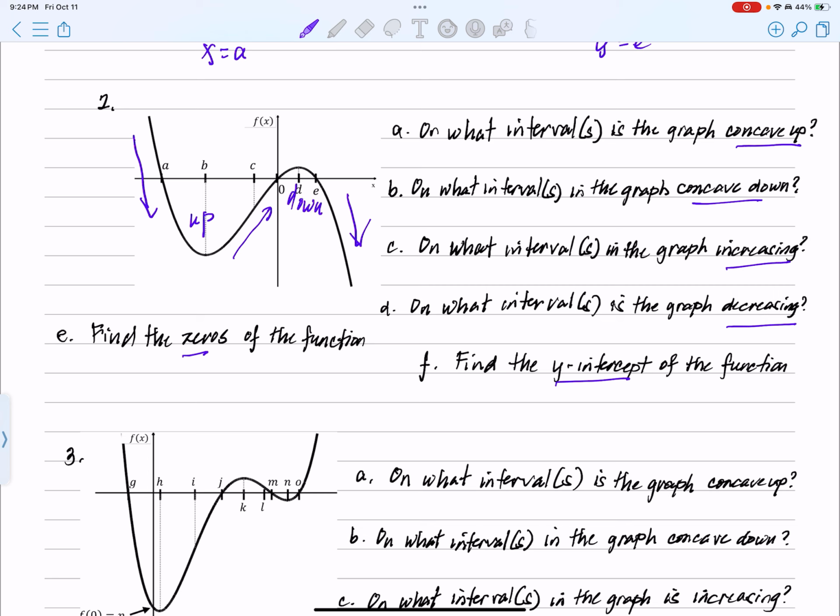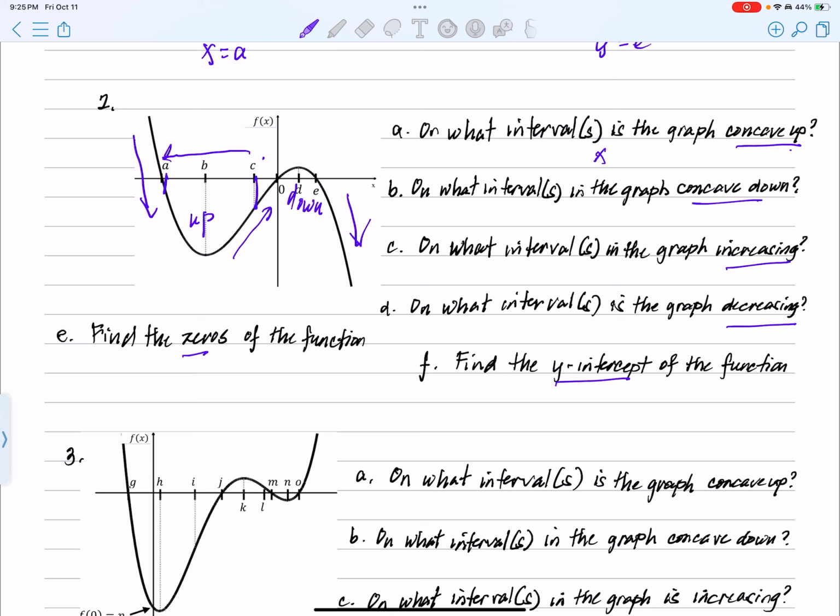All right. So when is the graph concave up? Isn't it from here to here? That means this portion right here is concave up.